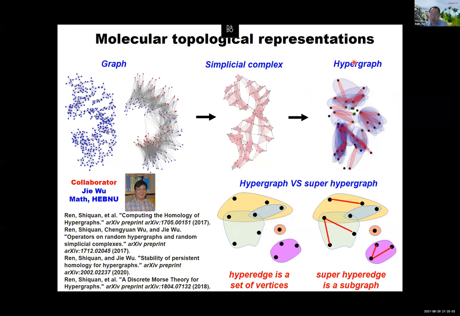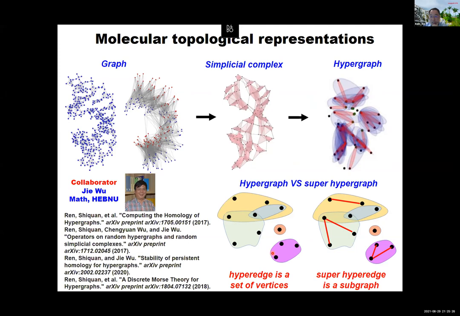As we said, representation is one of the most important things in machine learning. Previously, we were basically dealing with the Rips complex and the alpha complex. Working together with my collaborator, Professor Jie Wu, we have also looked at the hypergraph. I think yesterday we already had some discussion of the hypergraph.